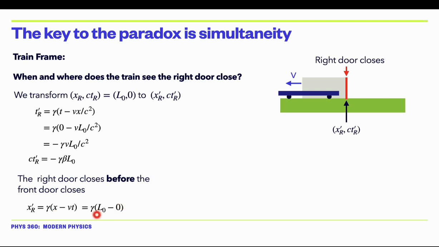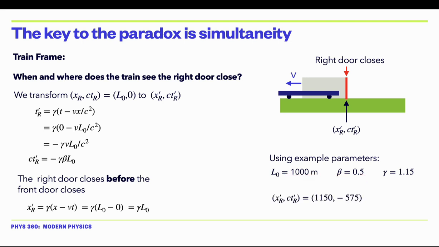The x position is L0, so we just get gamma L0. If we use the parameters that we picked before, 1,000 meters for the length of the tunnel, beta's 0.5 and gamma's 1.15, then these are the space-time coordinates for where that right door closes, as measured in the train's frame.